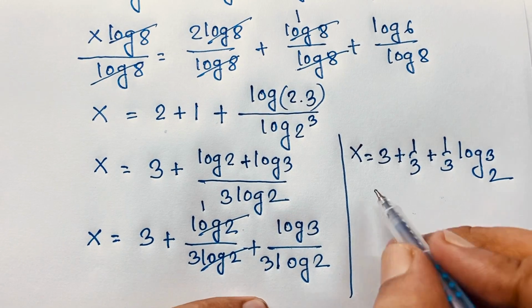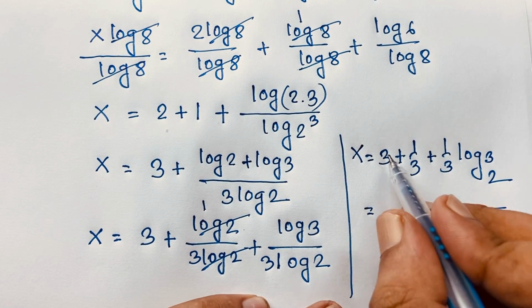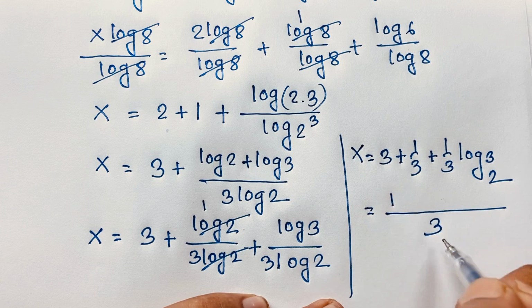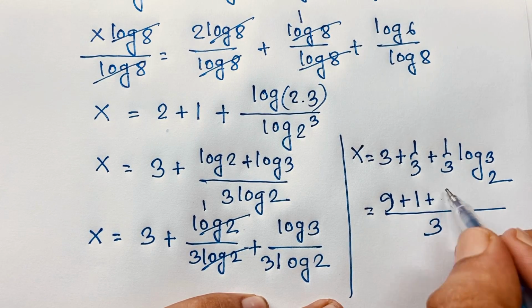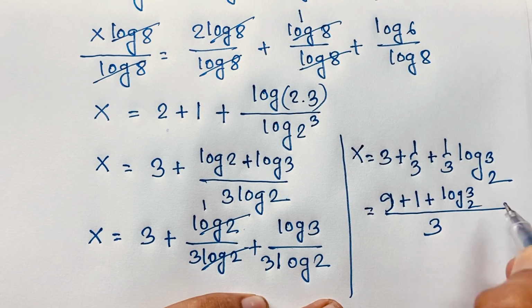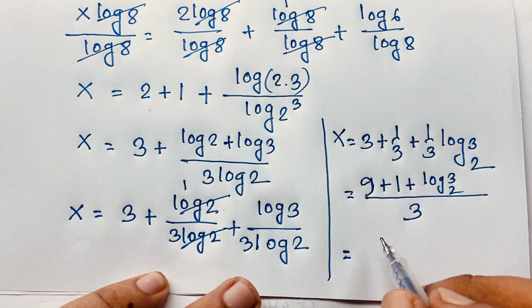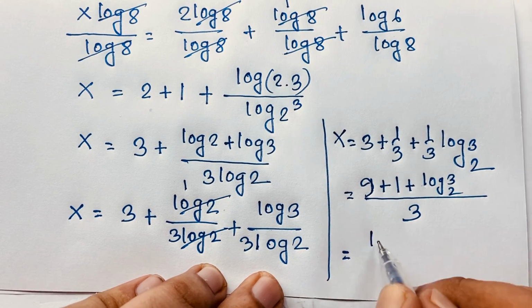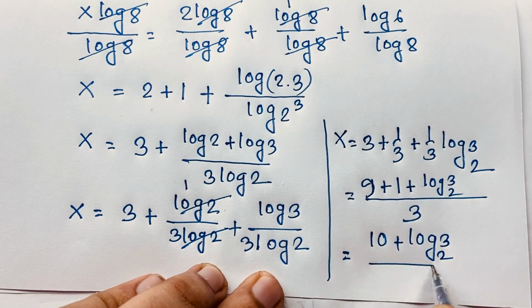Now the least common denominator is 3, so 3 times 3 is 9, plus 1, plus log 3 base 2. So we'll find our final answer: x is 9 plus 1, it will be 10, plus log 3 base 2, over 3.